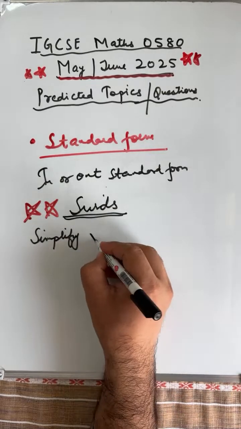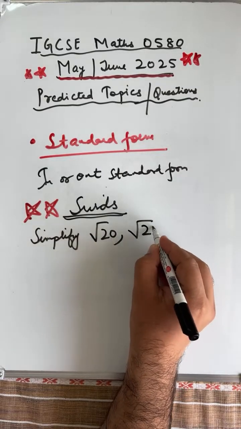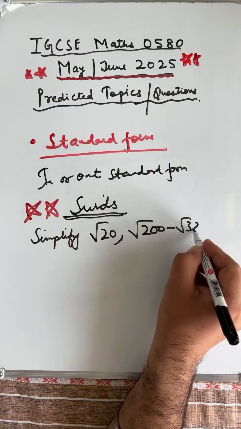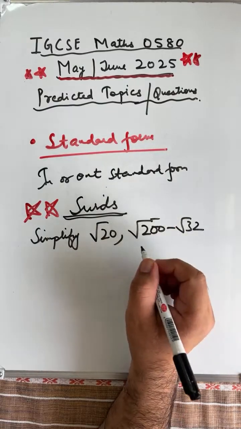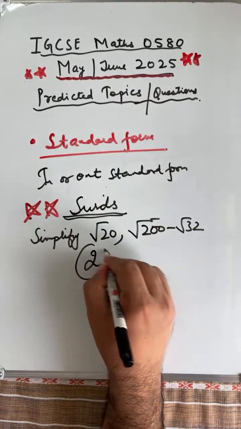Simplify surds like root 20, root 200 minus root 32. Okay, this will be of 2 marks.